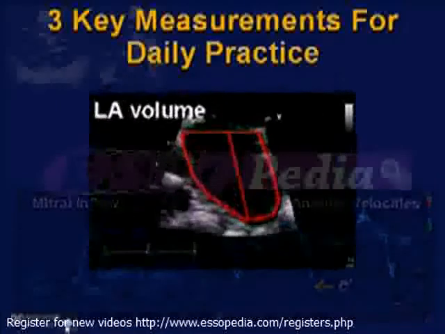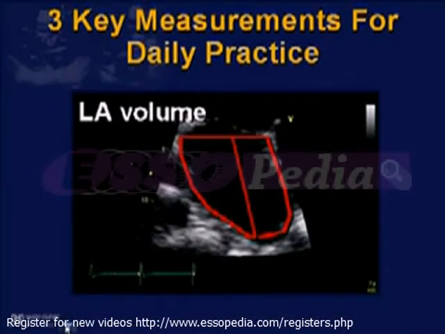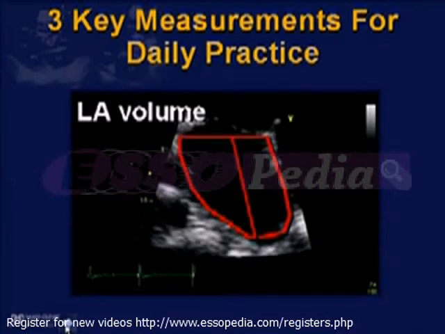And we remind ourselves that it is this volume-based measure of LA size which may represent the cornerstone to the evaluation. Again, for its ability for the most part to give us insights into the chronicity of elevation in LV filling pressures, but two, to help characterize global cardiovascular risk.